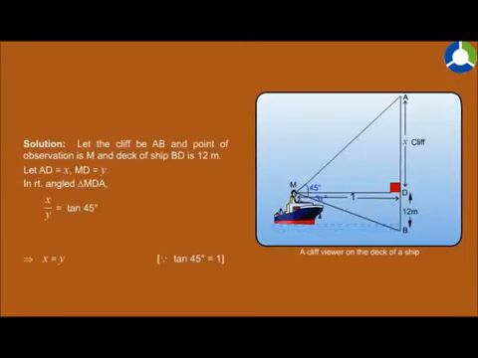Solution. Let the cliff be AB and the point of observation be M, and the deck of the ship BD is 12 meters. Let AD equal x, MD equal y.